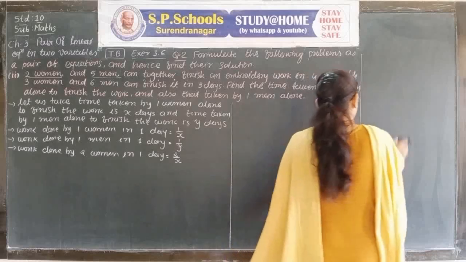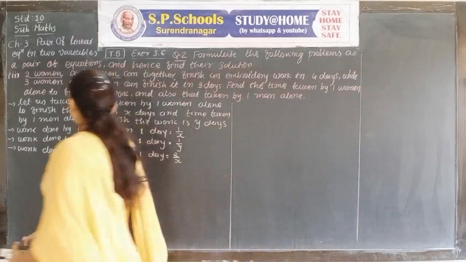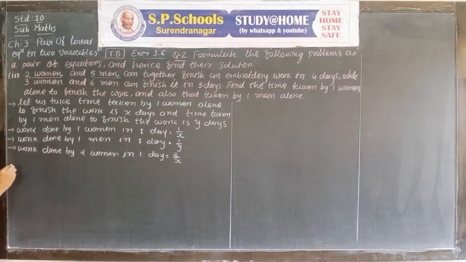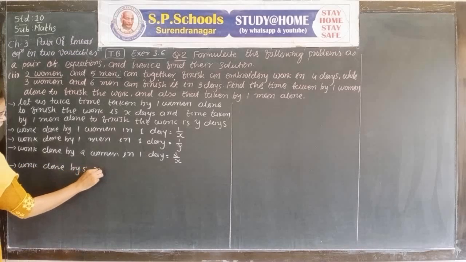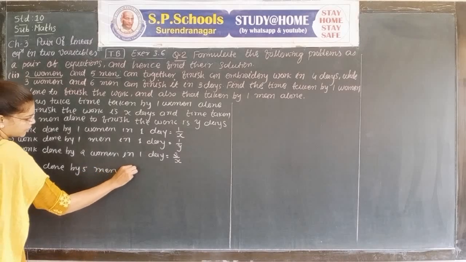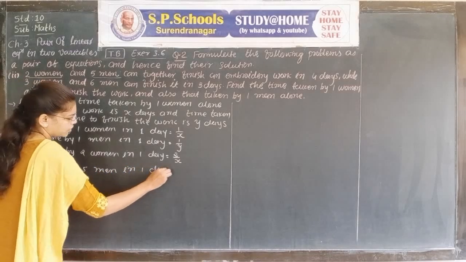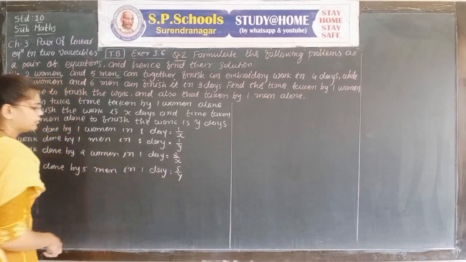The same is repeated for a man, but how many men are there? 5. Work done by 5 men in one day is equal to 5 upon y.